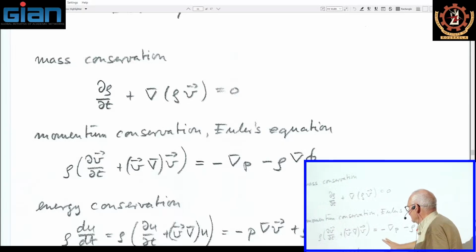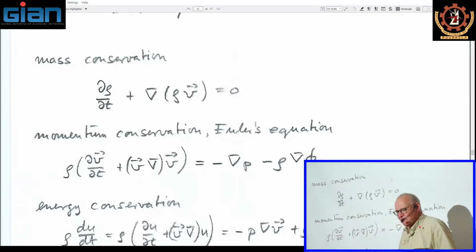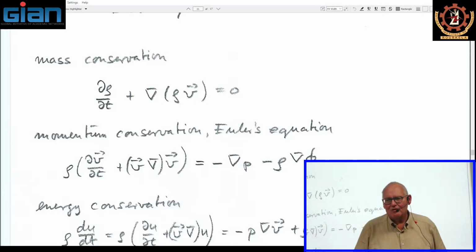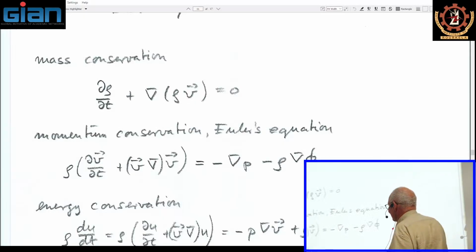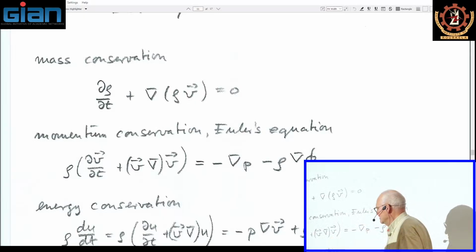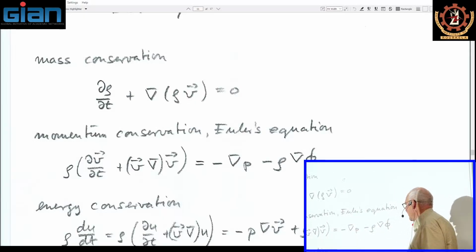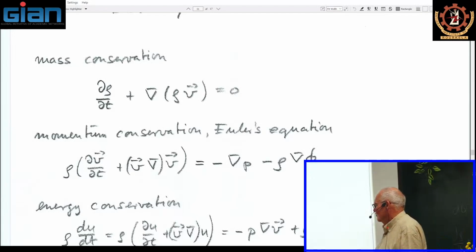This is remarkable in fluid mechanics. This non-linear term causes really much trouble in fluid mechanics. This acceleration is balanced or is given by the pressure gradient, and in astrophysics by the gravity.